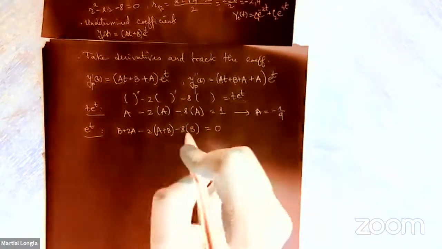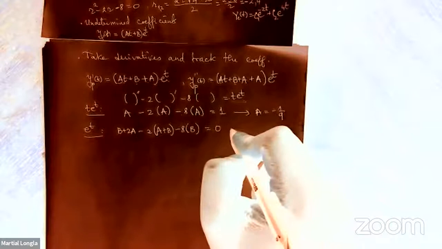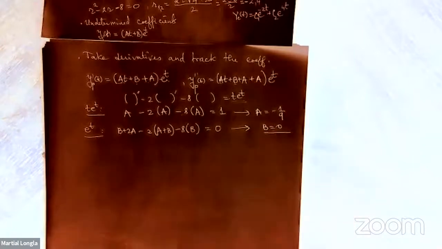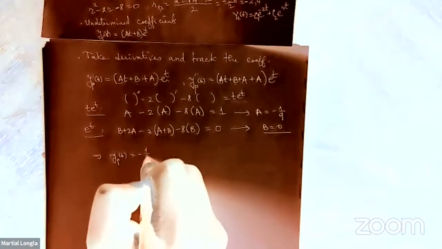So you get b minus 2b, that's minus b, minus 8b, so you also get minus 9b equals 0. So b equals 0. And so you get your answer. yp of t equals minus 1/9 t e to the t.